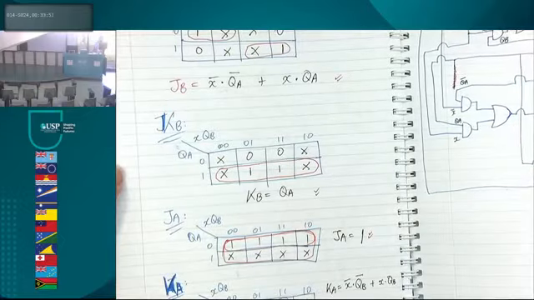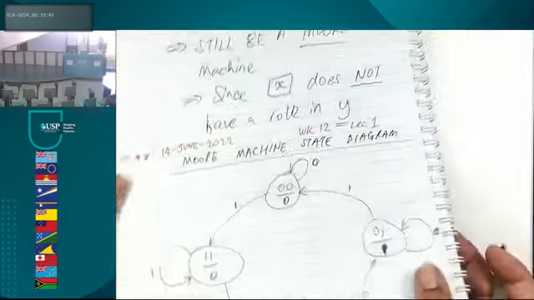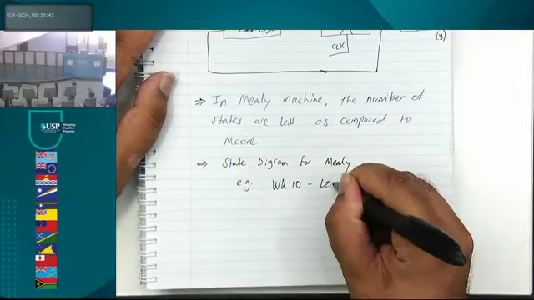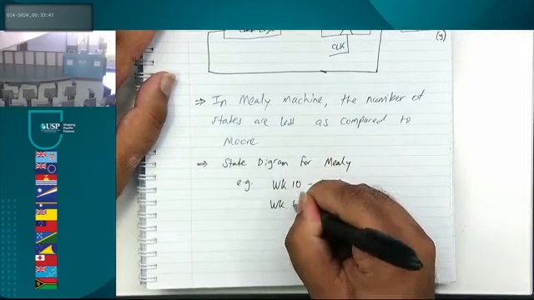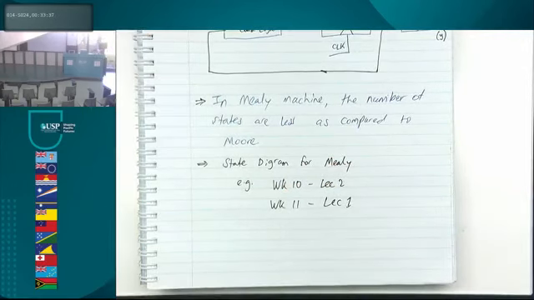Can you tell me? Week 11, lecture 1. Week 10, lecture 2, week 11, lecture 1. These are some examples, so rather than me drawing and wasting our time, that's it, guys.